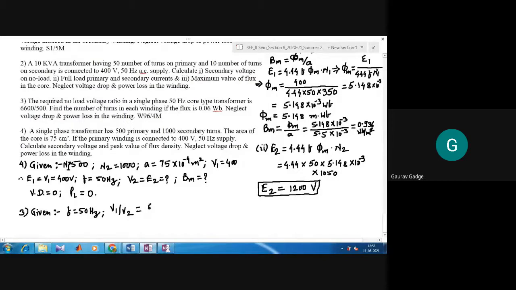So V1 upon V2 is 6600 upon 500. It means V1 is equal to 6600 and V2 is equal to 500. Find the number of turns in each winding. In each winding, you have to find out the number of turns, it means N1 question mark, N2 question mark.